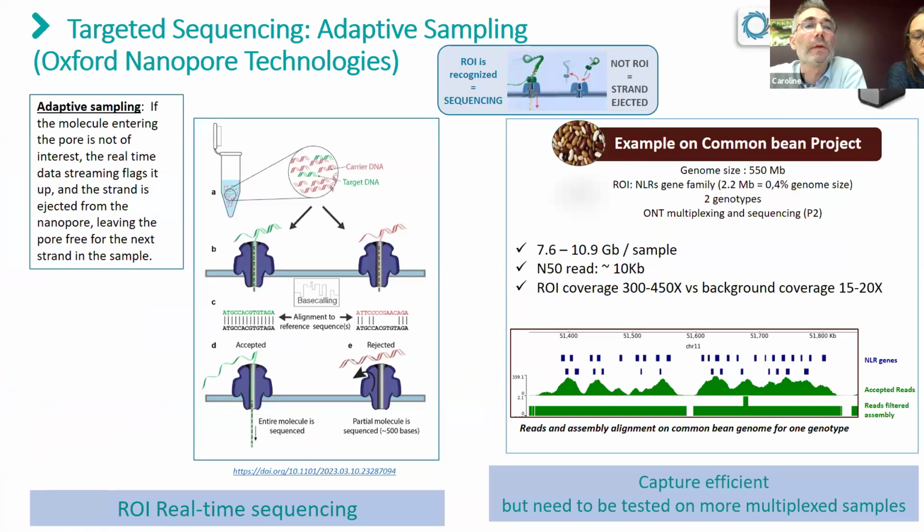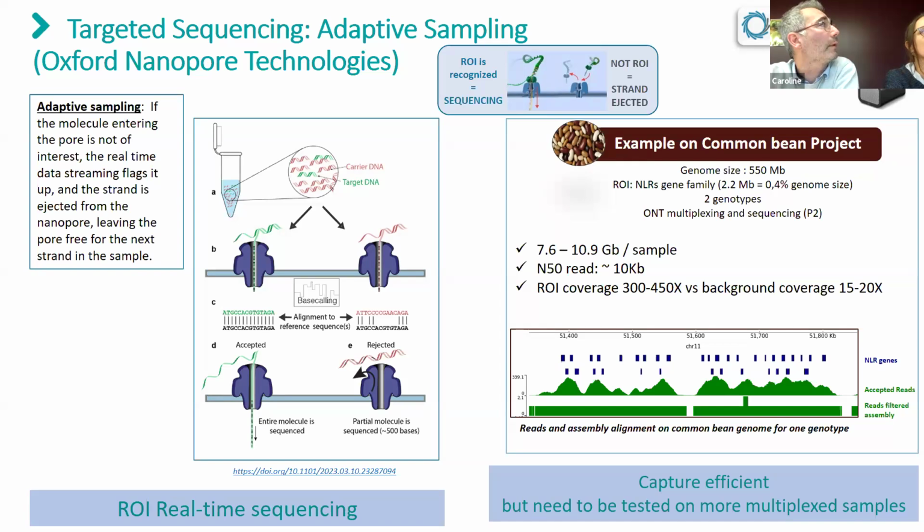The second approach is adaptive sampling from Oxford Nanopore. And so the principle is very easy. You give the sequencer your reference sequence, and if during the sequencing step the sequence corresponds to your reference, it will continue the sequencing.